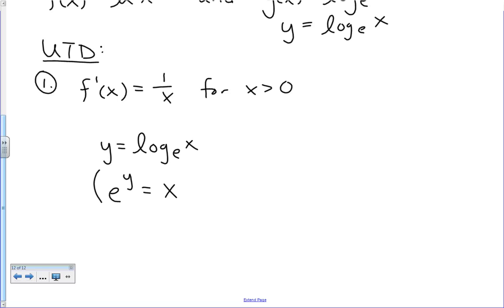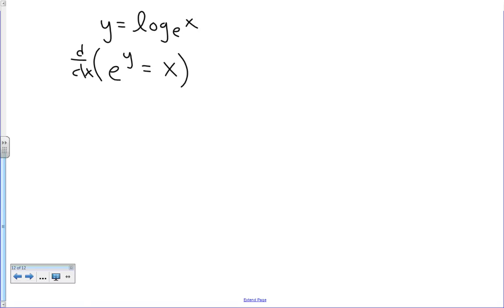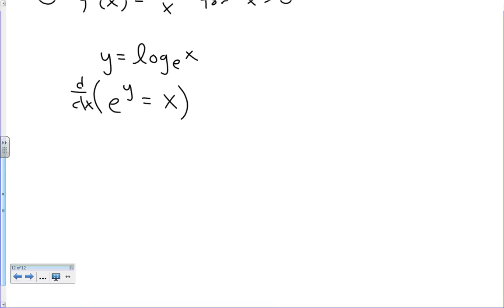And if we take the derivative of this with respect to x, because that's what we're trying to do to find g prime of x, on the left side, just realize you've got an implicit relationship here. So use the chain rule. The derivative of e to the y is going to be e raised to the y power times y prime.